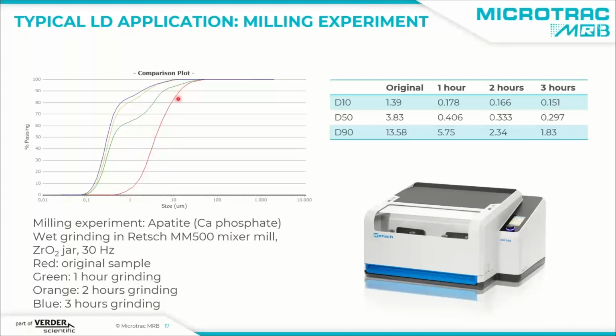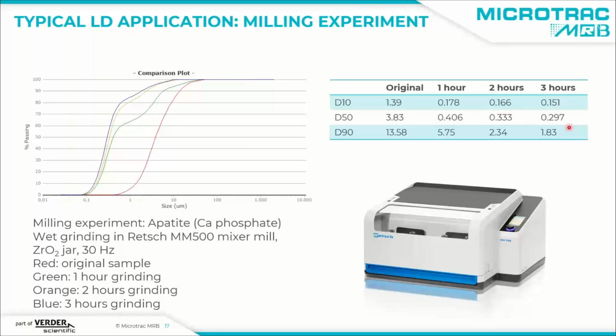This is a cumulative distribution, and when you start the grinding, it gets finer after 1 hour, a little finer after 2 hours, and then after 3 hours of grinding, there's not much change. So this is about the size distribution that you can obtain by using this mixer mill. And here you see the percentiles, D10, D50, D90, you see it gets finer. And after 3 hours, you have a median size of about 300 nanometers.